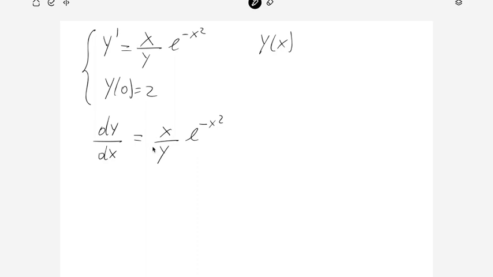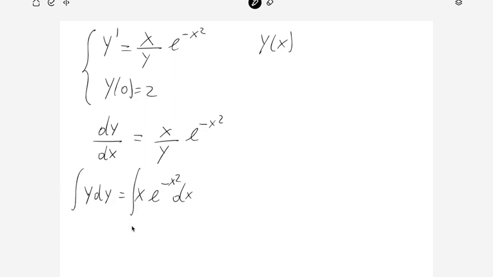The trick here is the reason why this equation is called with separate variables: we can put all the part with y in the left hand side and all the part with x in the right hand side, and so we can separate the variables. So we have y dy is equal to x e to minus x squared dx, and then I can integrate.